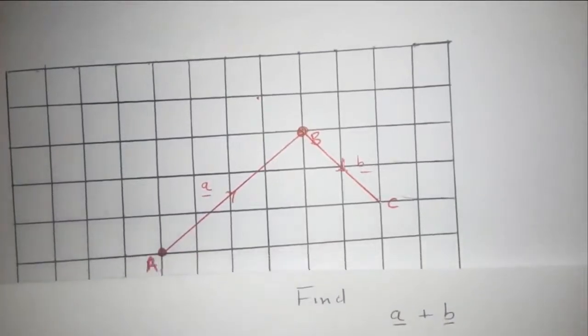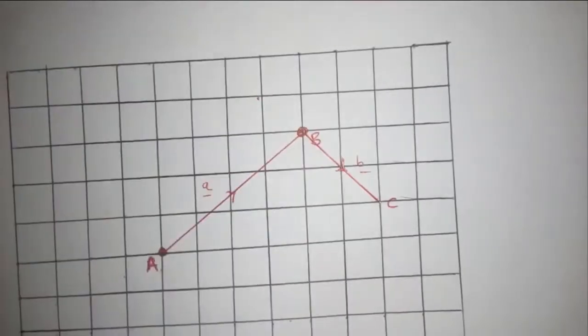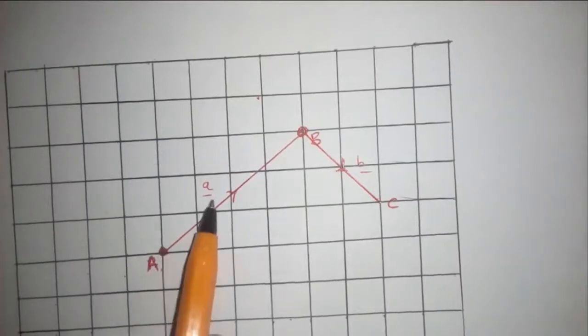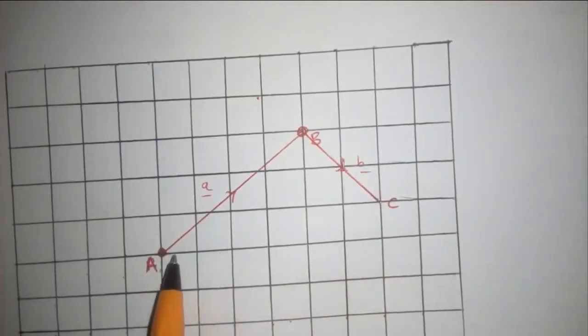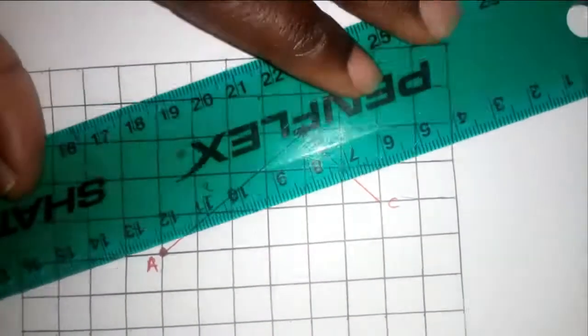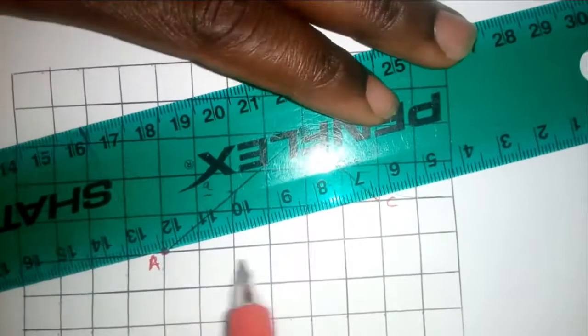So how do you find vector A plus B? You check where it is coming from. They said A is this side, B is this side. So you join these two. So you see what will happen here. You join, and the answer will be this one.